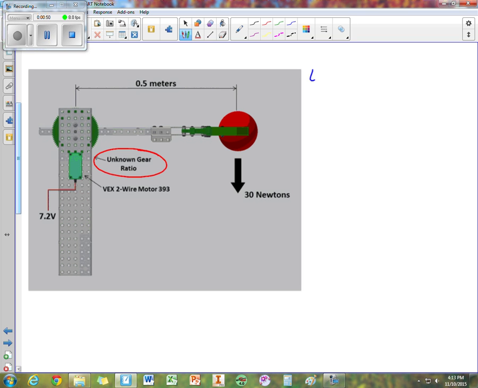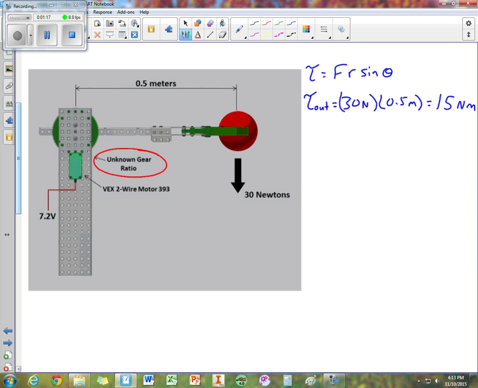And remember that torque is defined as force times lever arm distance times sine of the angle between. We're going to say theta is 90, that way sine of 90 equals 1, and it just goes away. So the output torque will equal 30 newtons times 0.5 meters, which equals 15 newton meters.